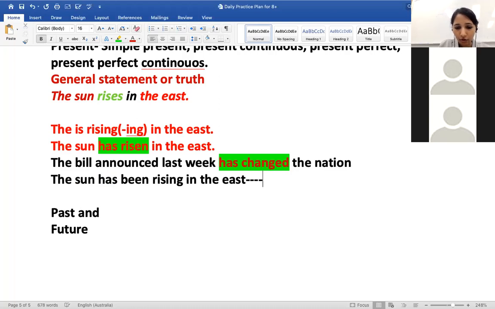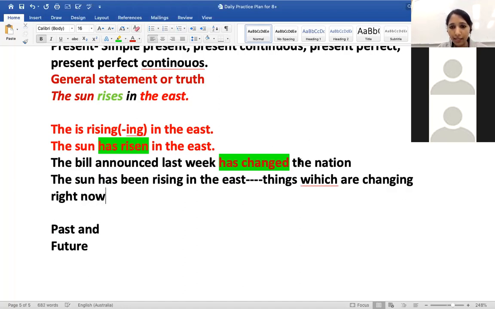So this is, if you're talking about, what is it? Give me a minute. This is to talk about things which are changing right now. So this is present perfect continuous. Present perfect always has or have as the helping verb, and this is in the present tense.